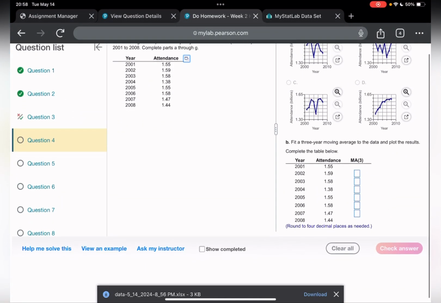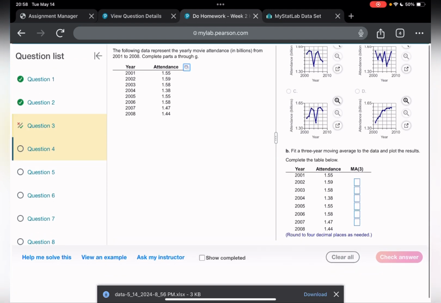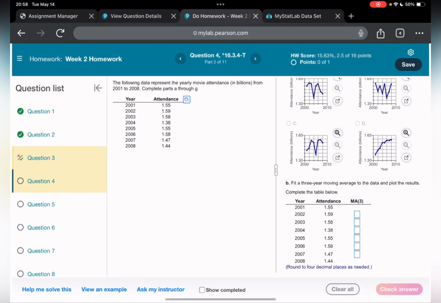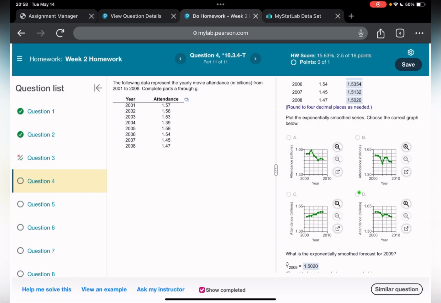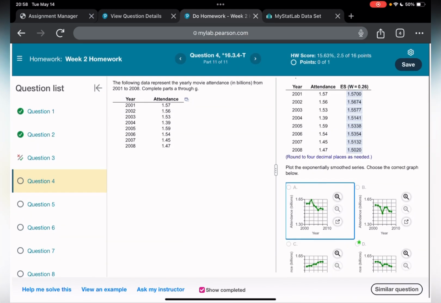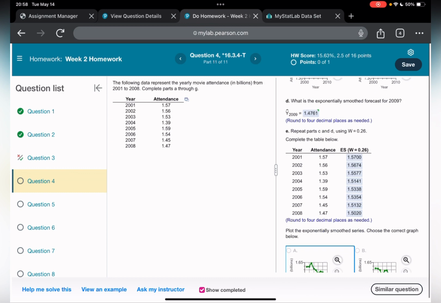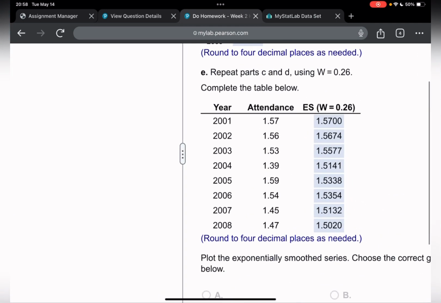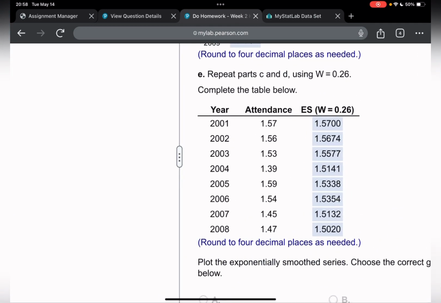I'm going to open the solution. For my case, where is it? B, here it is. As you can see, 1.57 stays 1.57.